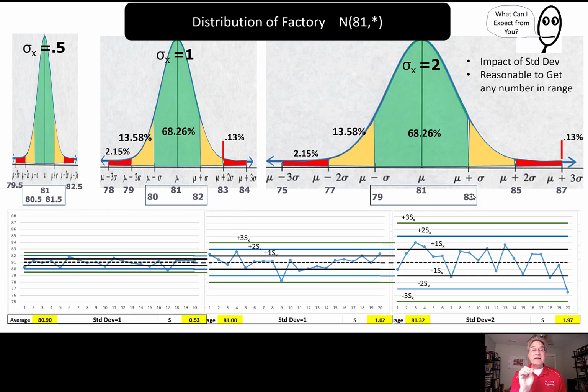So, dependent upon the standard deviation, we could get way far away from that average, and any number in this range, all the way from plus or minus 3 standard deviations, and even a little past, in reality, any of those numbers could come up. So you have to consider that when you're making your decision. The average is not the whole story when you're making your decision and when you're reporting your results.